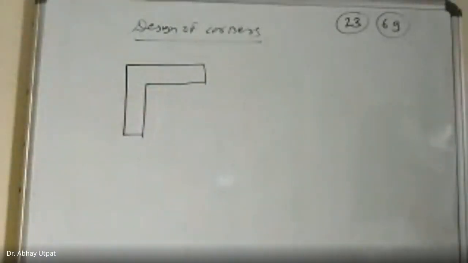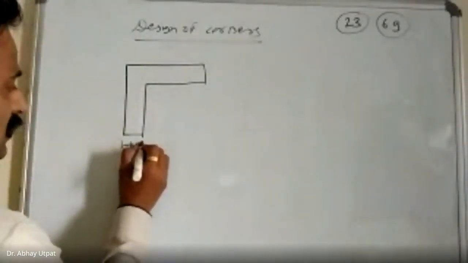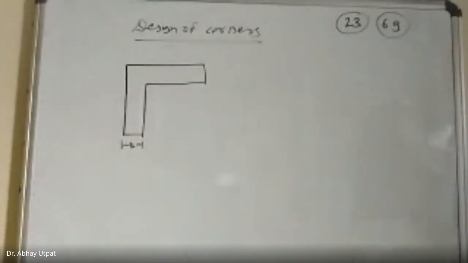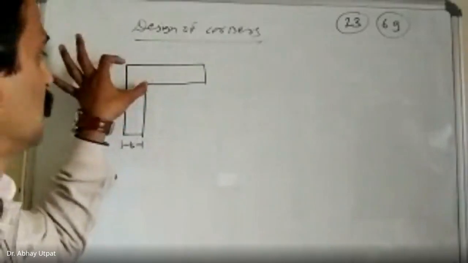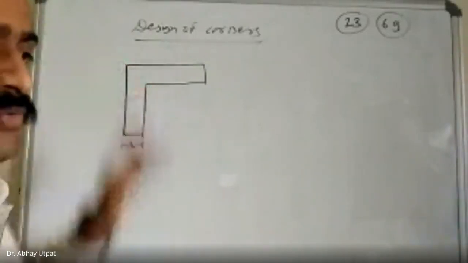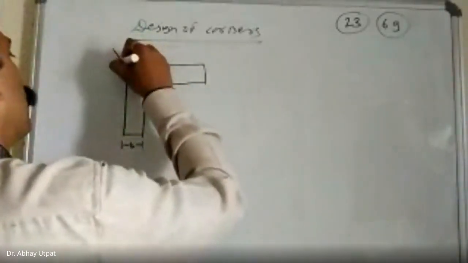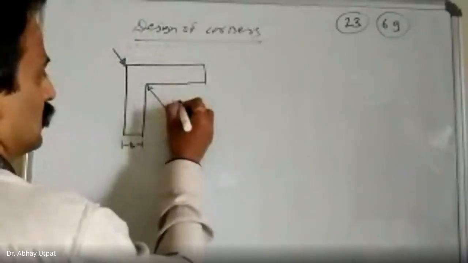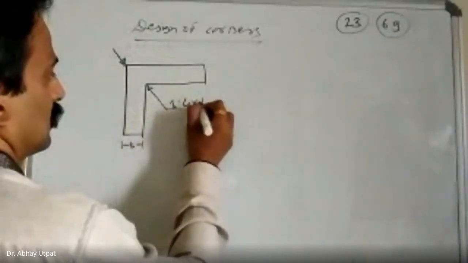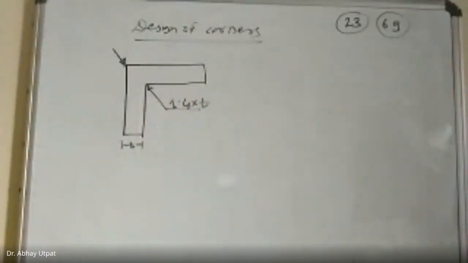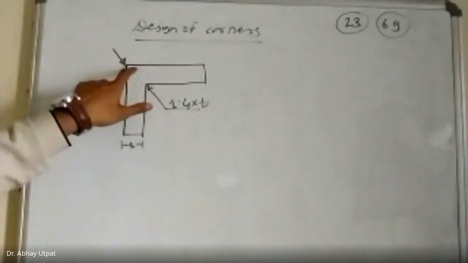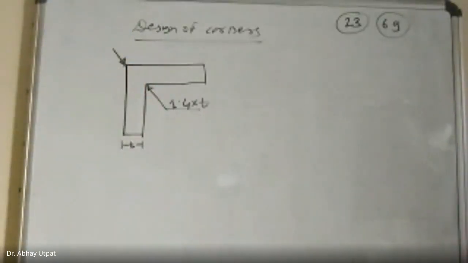This is your component. If this is T, the wall thickness, then if you see the corner, this will be the thickness considered, which is 1.4 times the wall thickness, 1.4 into T. So if this wall thickness is almost 1.5 times more, it will cause a decrease in the rate of solidification and in turn a decrease in productivity.